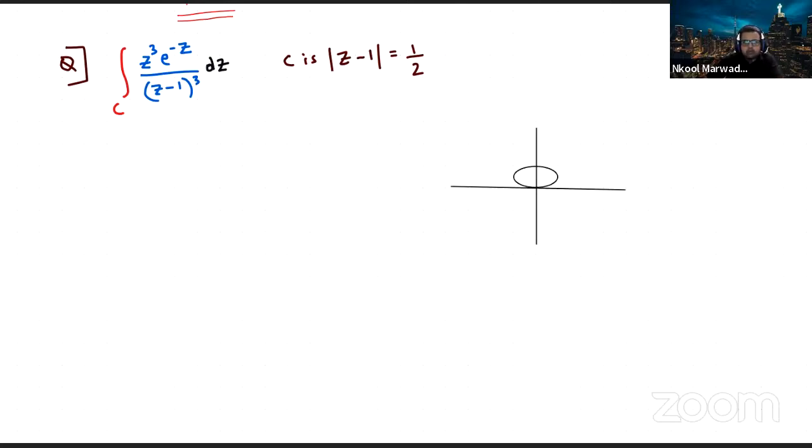Once again, let me draw this. Okay, so center is 1, so I have to shift.